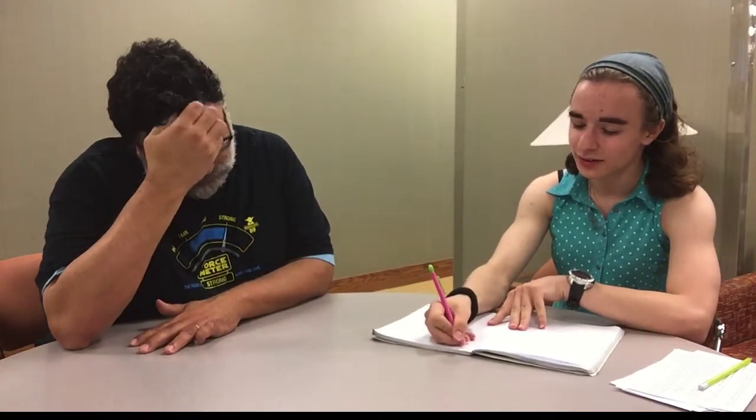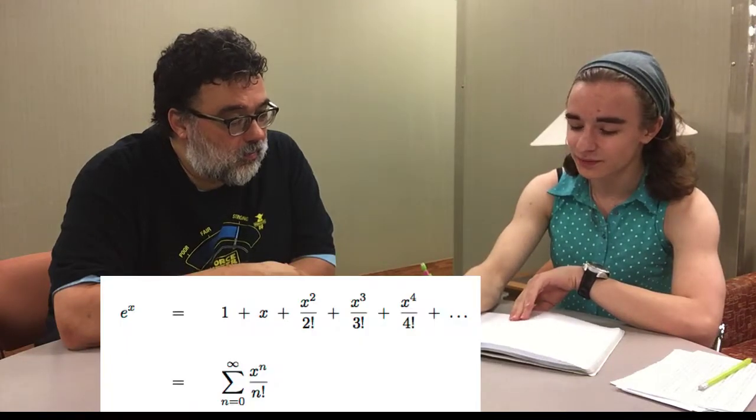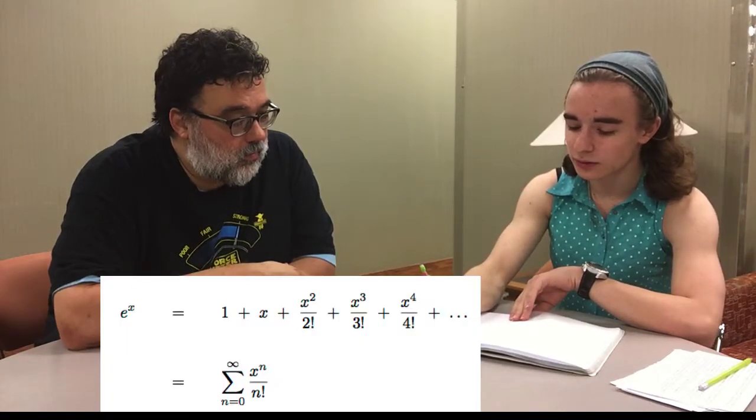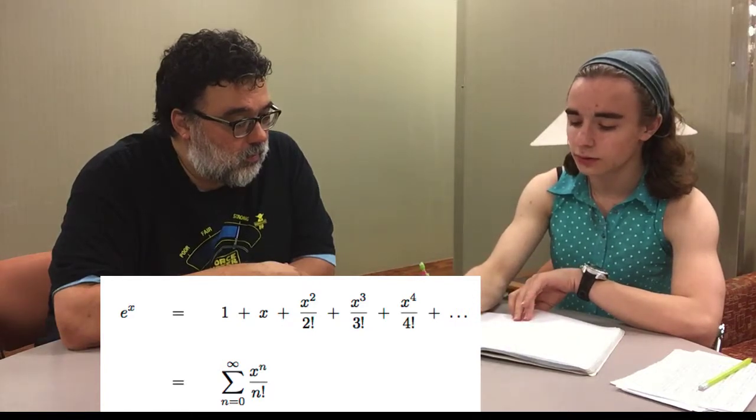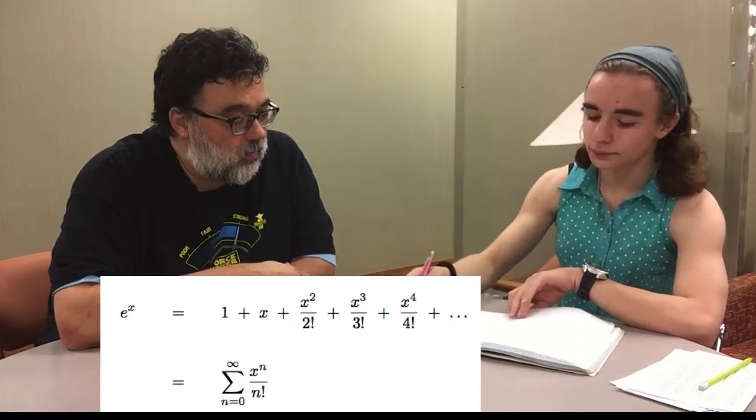Okay. So the Maclaurin series for e to the x, I never remember it, but it's the sum from 0 to infinity of x to the n over n factorial.